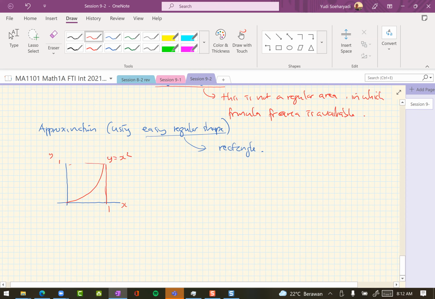So this area over here, the red area. We try to approximate using, say in this case, a square.